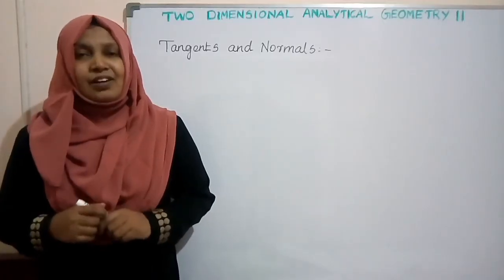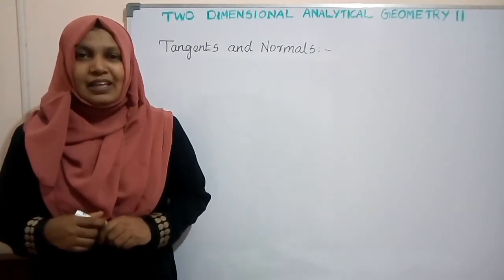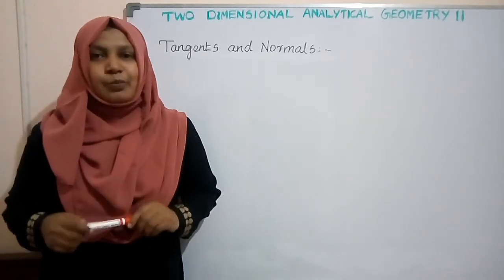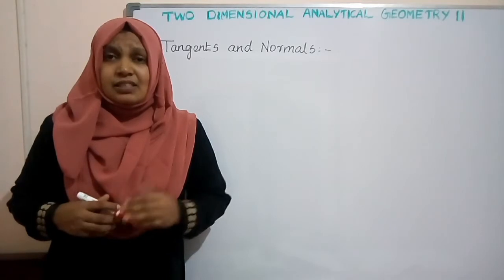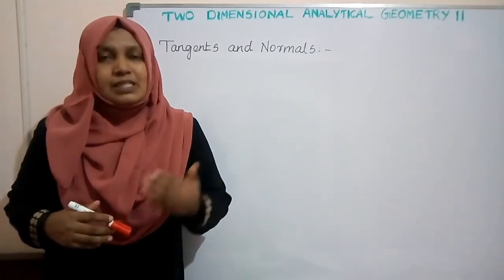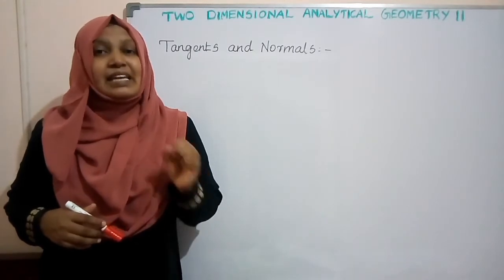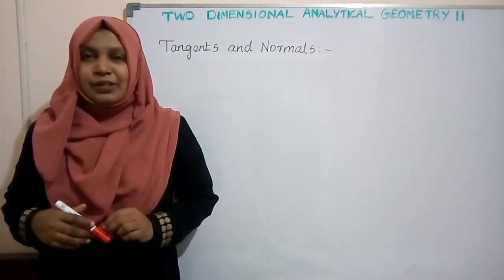In circle we already learnt about the tangent and normals. Okay, now we can see the tangent equation and normal equation for parabola, ellipse and hyperbola. What we learnt in circle: just replace the x square term as x x1, y square term as y y1, x term as x plus x1 by 2, y term as y plus y1 by 2.